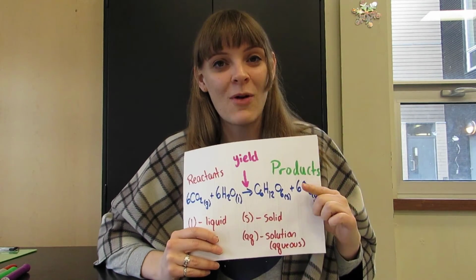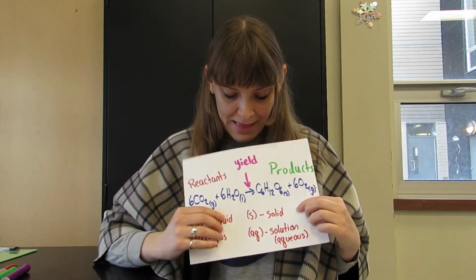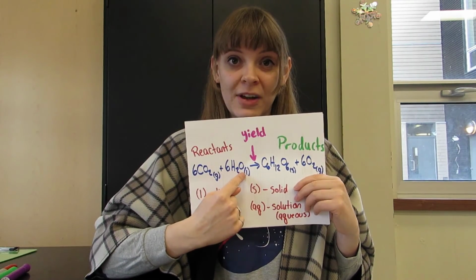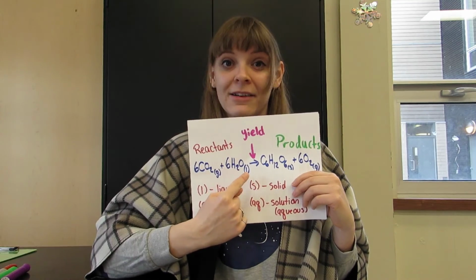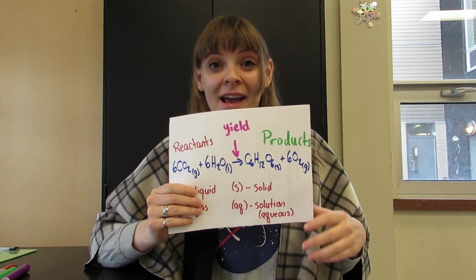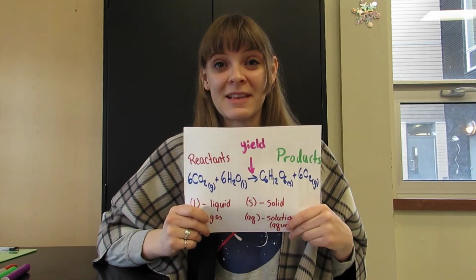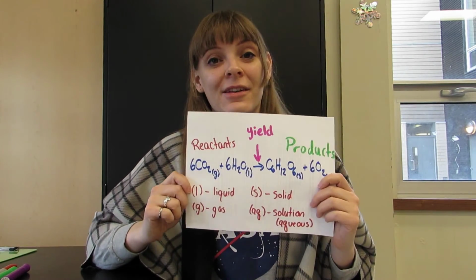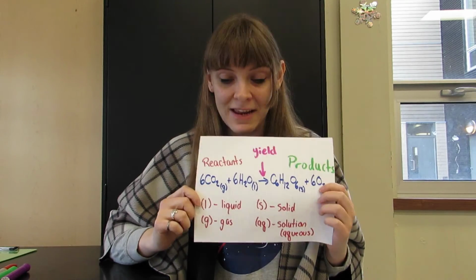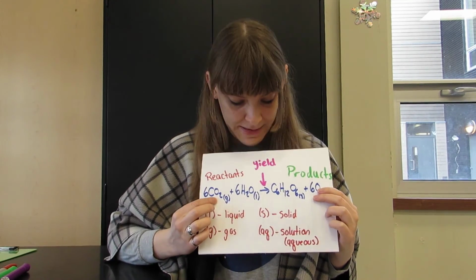There's one last thing that I wanted to teach you guys about chemical reactions before we go, and that is the little subscripts that include letters. So it could include an L or a G or an S, and sometimes even an AQ. Those represent the state of matter. So if we look at this chemical reaction here, we have this molecule being a gas.